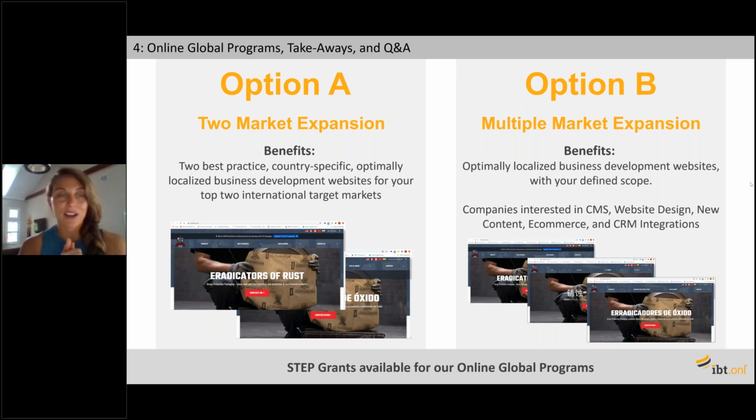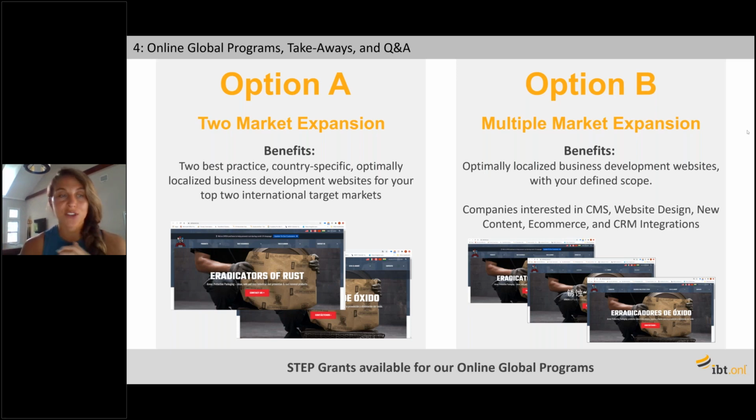These websites will be based off of your US site, but we'll go through a whole localization process, including proper domain names, local hosting, SEO keyword research, industry-specific translators, regulatory compliance, and just so much more. So by having these websites, they'll help you be found and understood and be easier to do business with in your top markets.